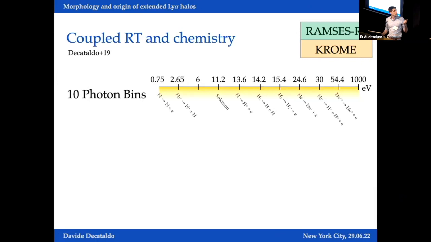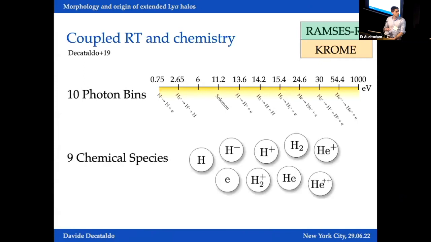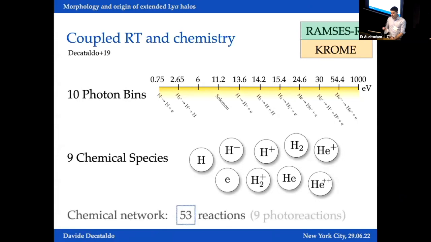I choose to use 10 photon beams, which is the best we can do to account for all the chemical reactions in the simulation. And in particular, I have 9 chemical species, which are all the possible combinations that we can have with hydrogen and helium. So with only 9 chemical species, we actually end up with 53 reactions, which is quite a big number to handle on the fly in a radiative transfer simulation.